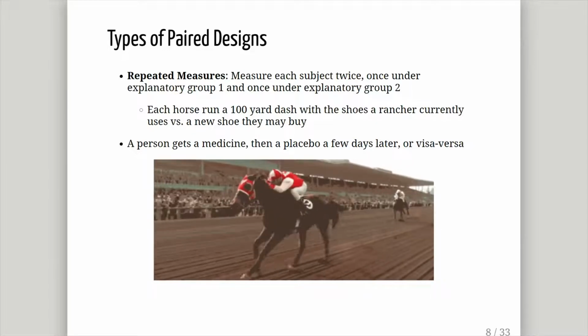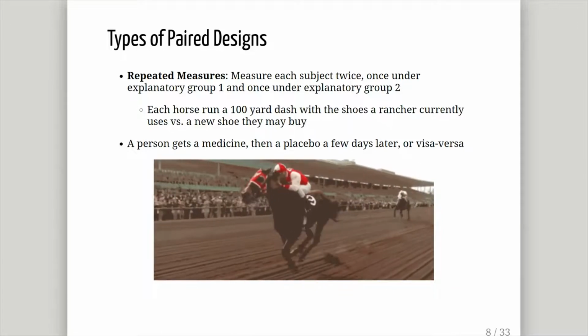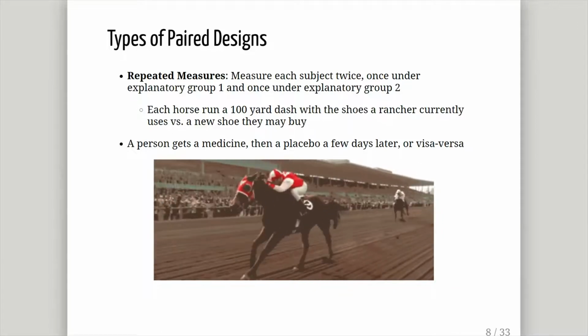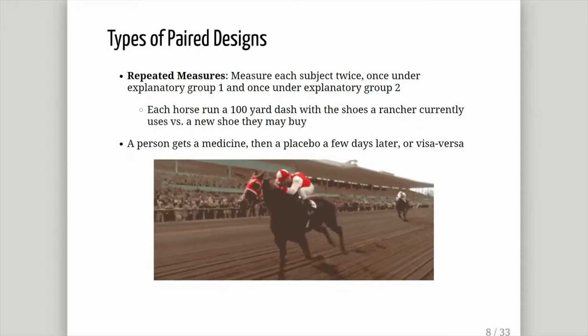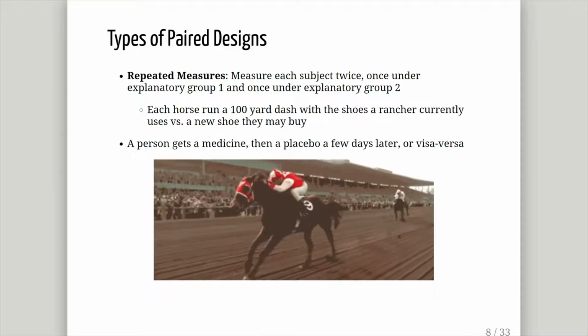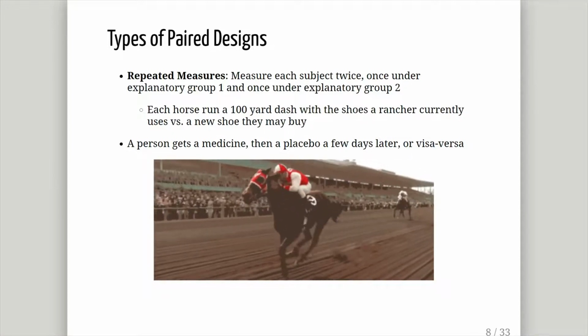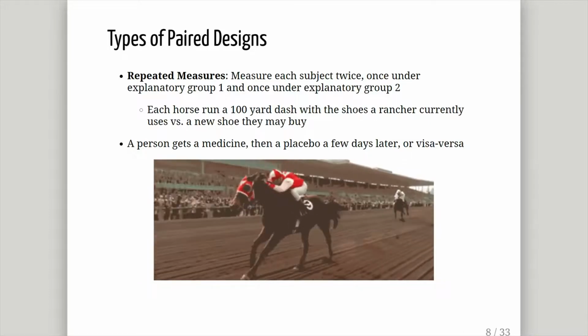Here's a real life example. I'm a horse breeder, making lots of money, and I have the temptation to buy a new horseshoe. Well, how do I know this new horseshoe will be better than my old one?